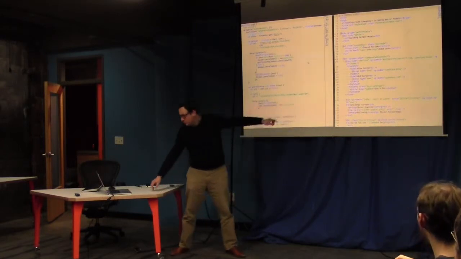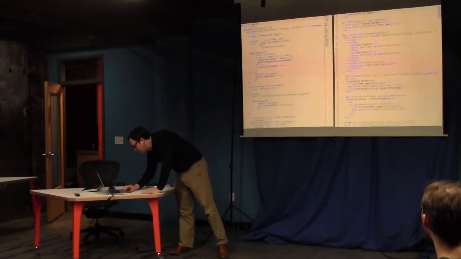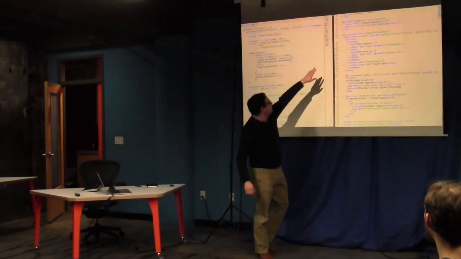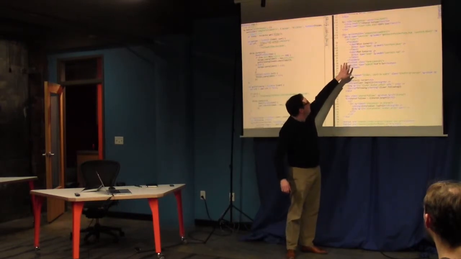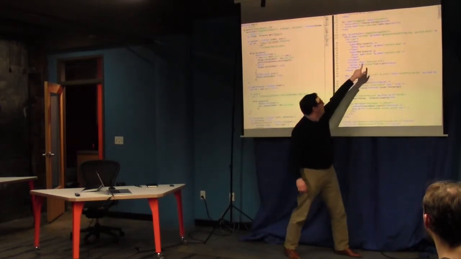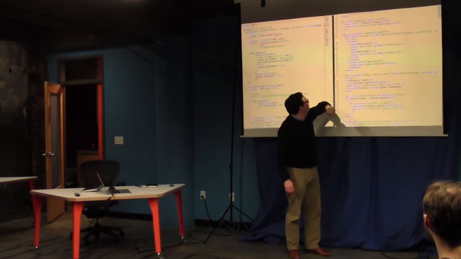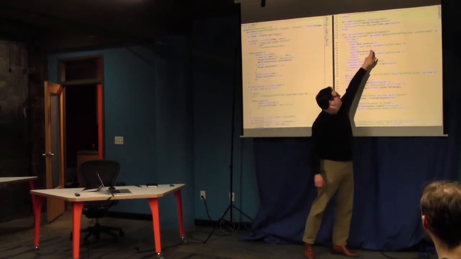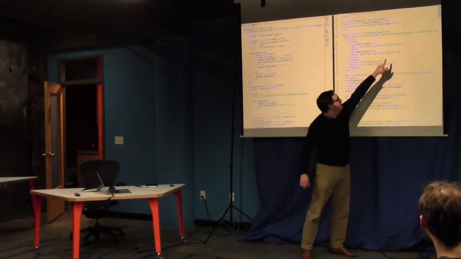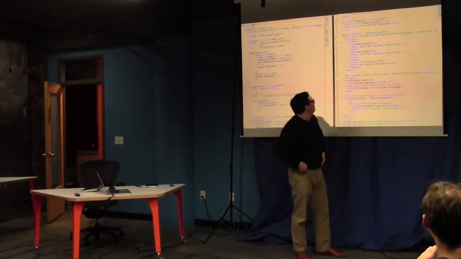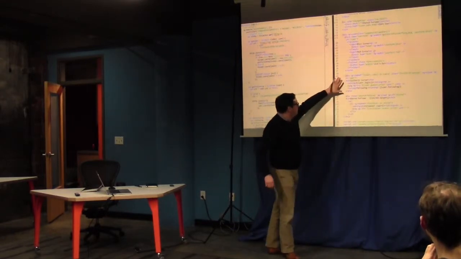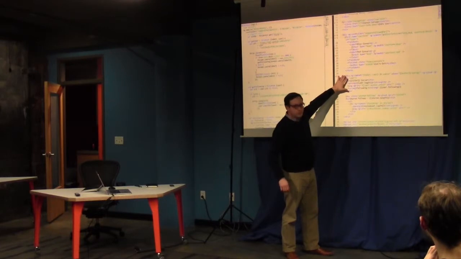So, let's see. In the form, on submit, we fire the get user info method. We've got user form blue and red, and that gets passed to that method. And then here we just show the users that we enter, blue and red.